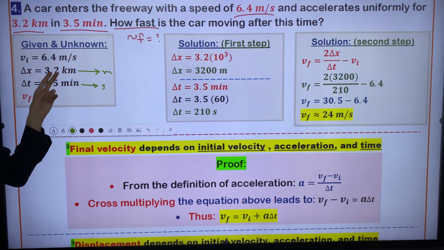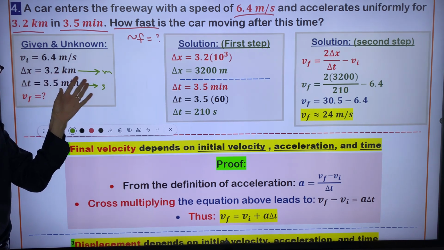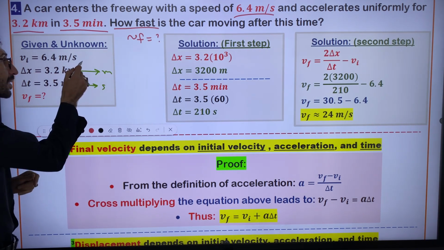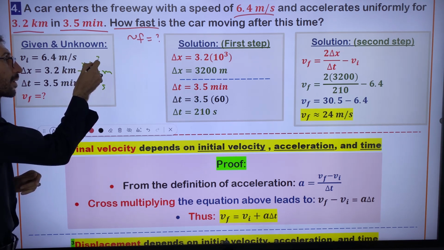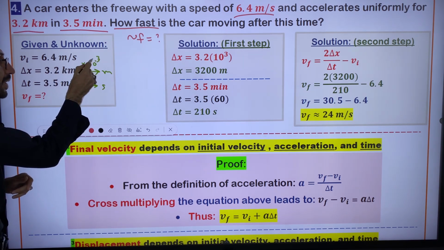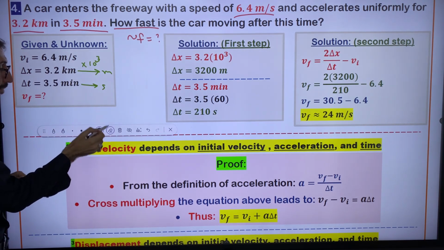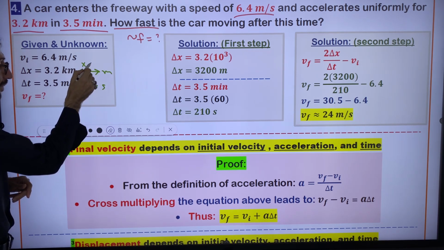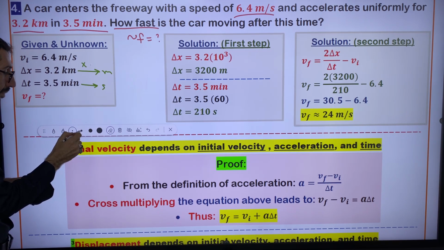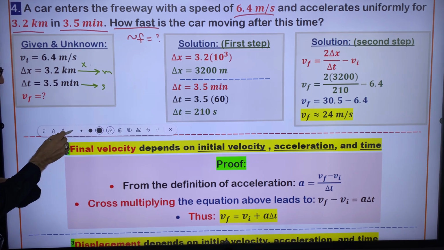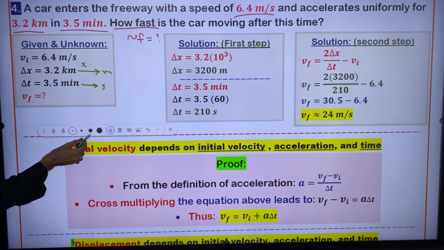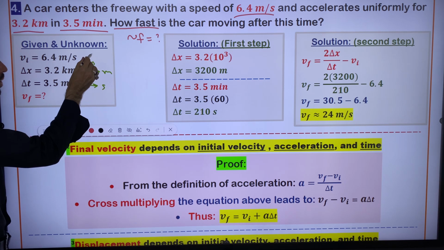That's why the exponent will be positive, 10 to the 3, or multiply by 1,000, right? So this value is 10 to the 3 or 1,000.